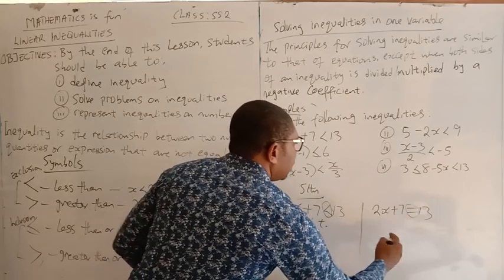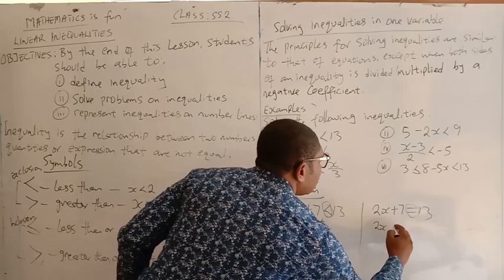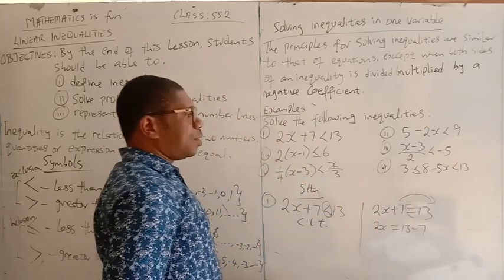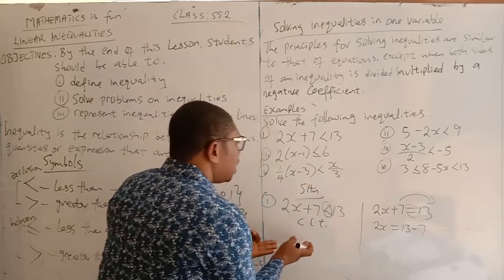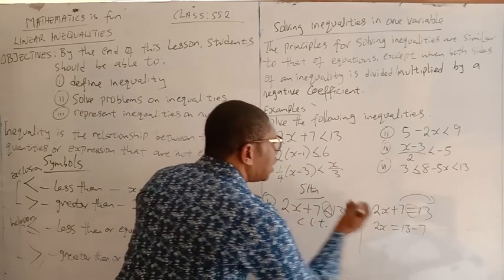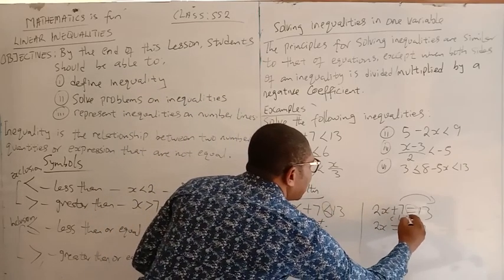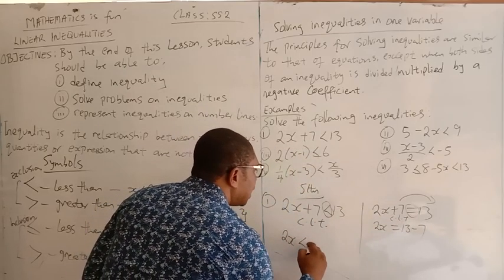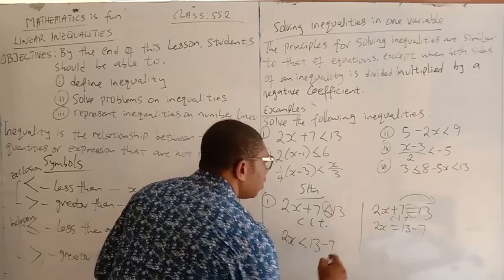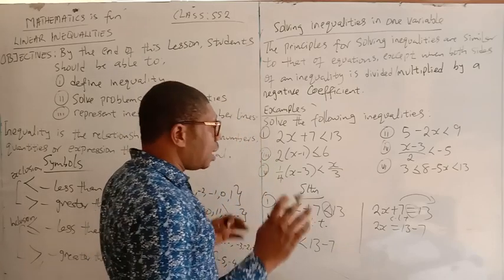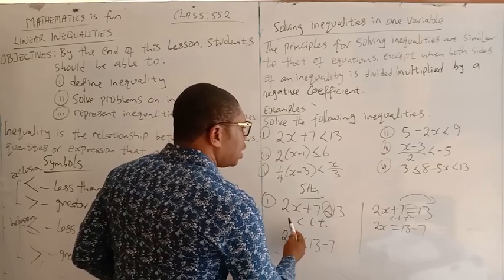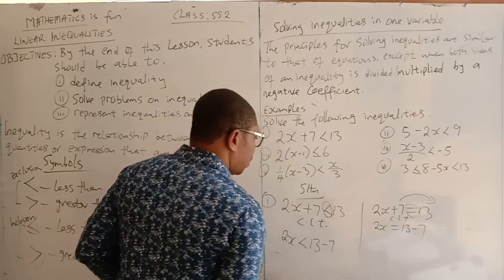So if I'm solving this, I have 2x equal to 13 minus 7. I'm moving this 7 to the other side. The same thing I'm doing here, collecting the like terms. 2x less than 13 minus 7. We are saying the same thing. The only difference is that this is an inequality and this is an equation.